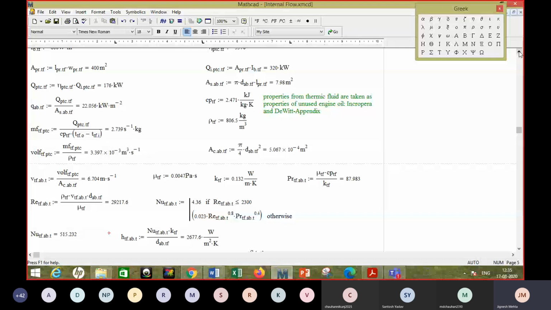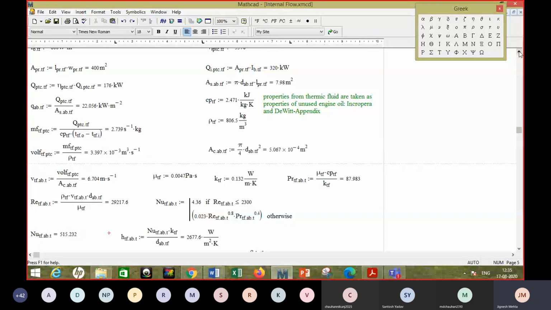So this is a good number, not very low. A few thousand is good. I'm not saying very good or excellent heat transfer coefficient, but the thermic fluid is used, and air, as was told earlier, is one of the worst heat transfer media. Oil is also not very good, but still you are getting a couple of thousand to 3,000.